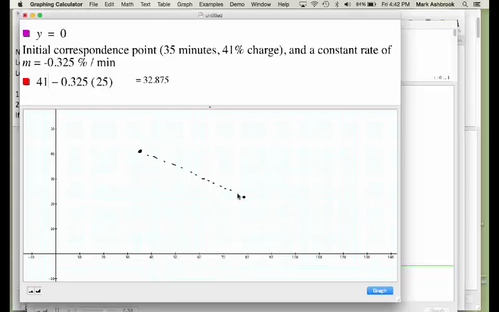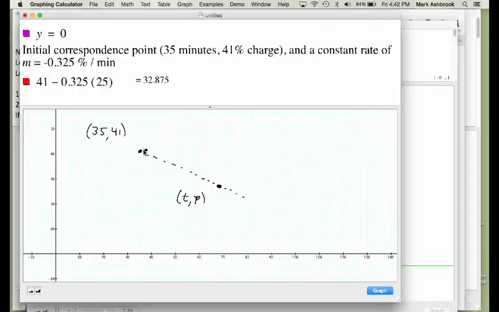So just to get a sketch of all the points. And so just arbitrarily pick this point right here to be every point t and P, starting at our initial point of 35, 41.